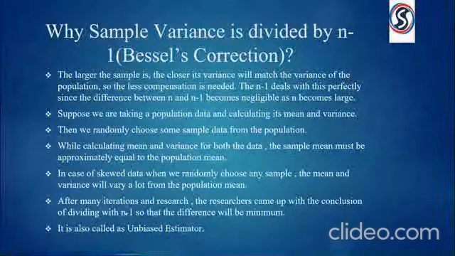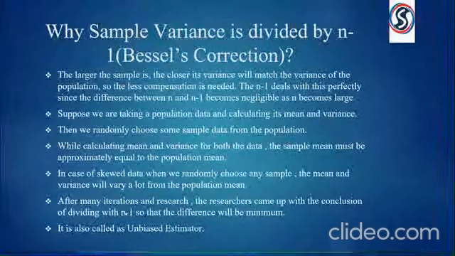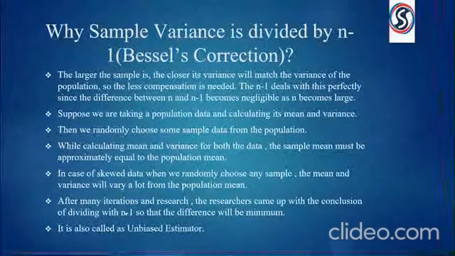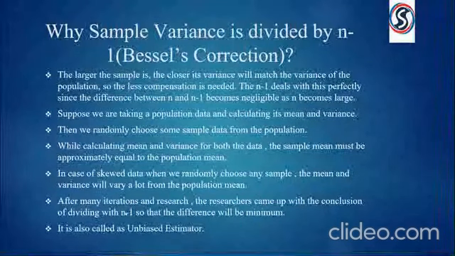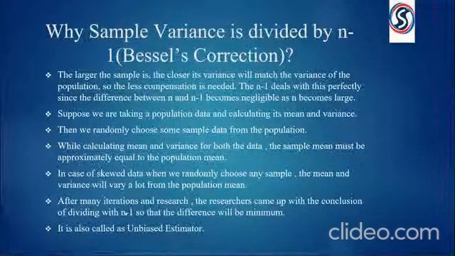For that reason, the sample variance is divided by n-1. It is known as Bessel's correction, and n-1 is also called the degree of freedom. Later on we will learn about the degree of freedom.